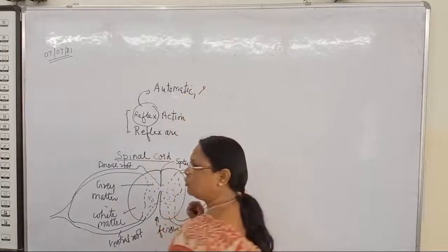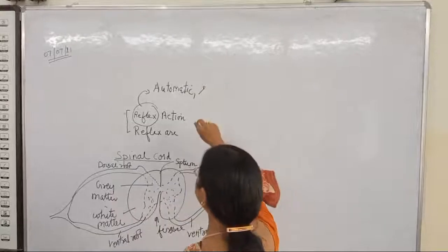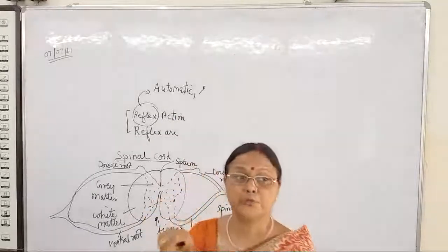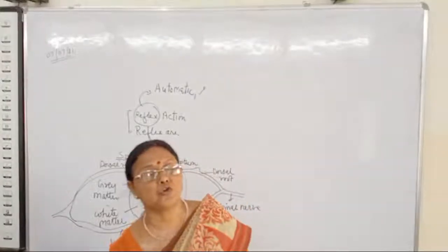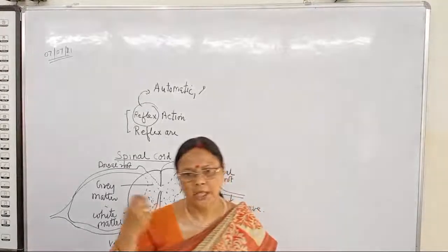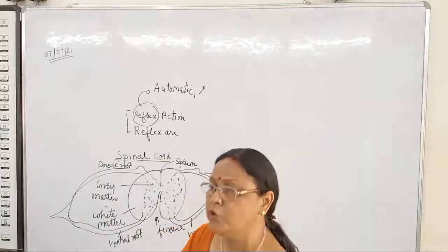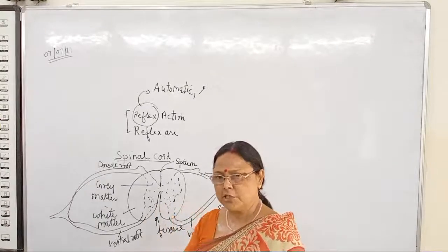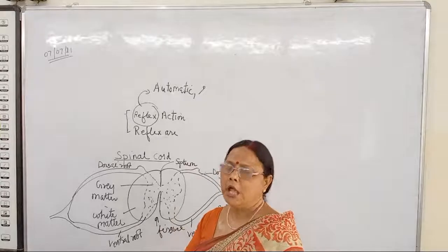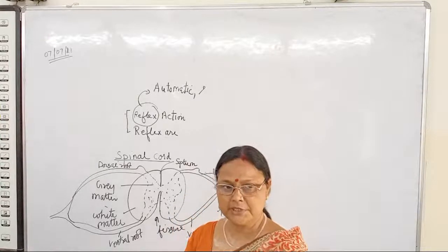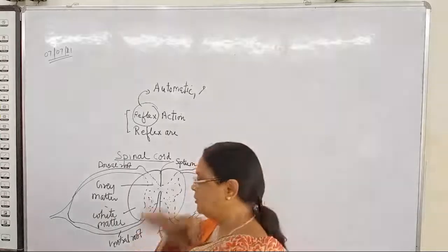It is a stereotyped reaction that occurs without the involvement of your consciousness or your thought. It occurs instantaneously as the stimulus is received. I told you one example yesterday: if you touch a hot object, immediately you will remove your hand. This is a kind of reflex.